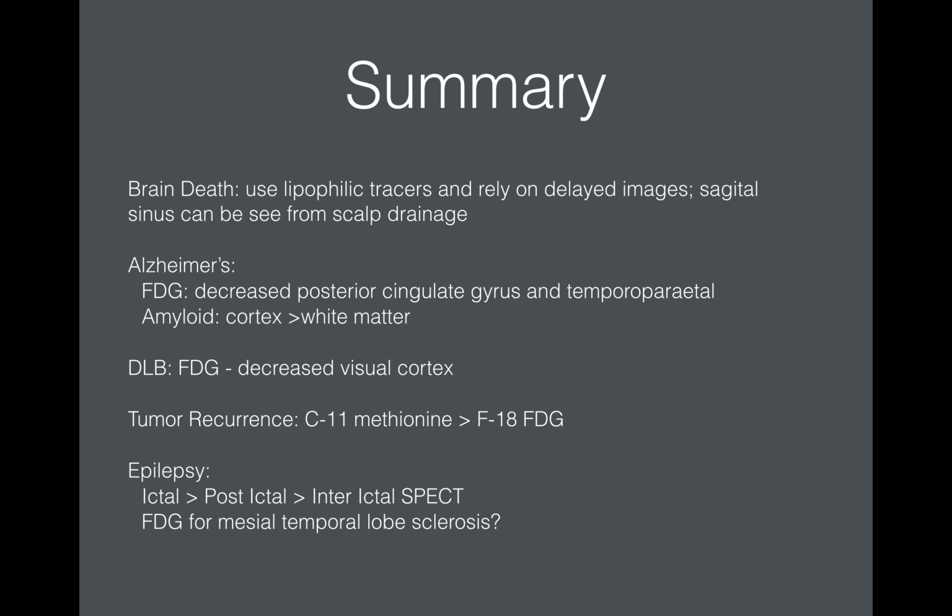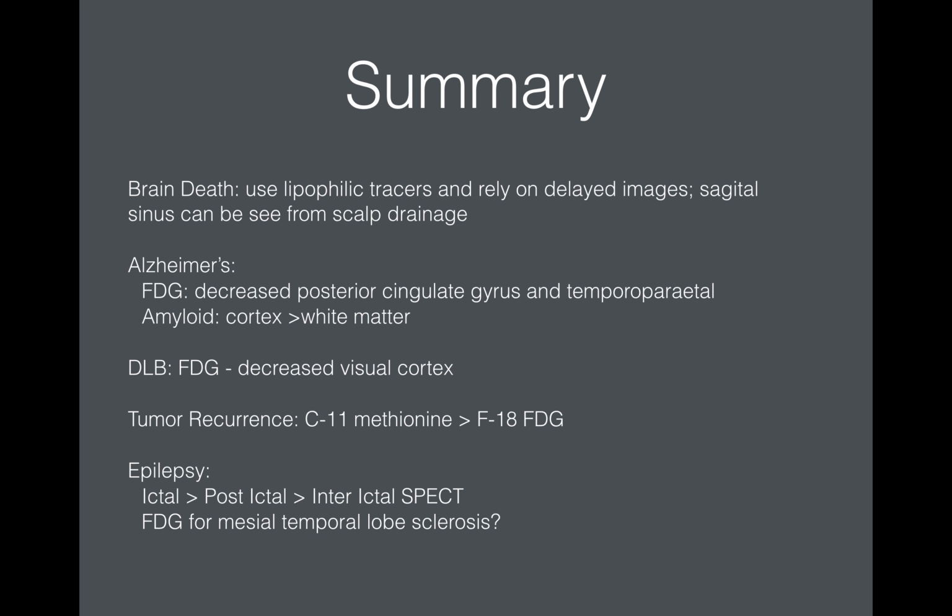Okay, so in summary, brain death will use a lipophilic agent such as Neurolite that binds to parenchyma and crosses the blood-brain barrier. Remember that for Alzheimer's, we see decreased uptake in the posterior cingulate gyrus as well as in the temporoparietal lobes. For amyloid imaging, the tests are abnormal if cortex shows more uptake than the white matter, and for dementia with Lewy bodies, we will also see decreased visual cortex uptake.